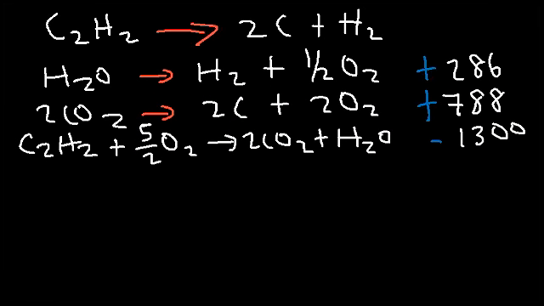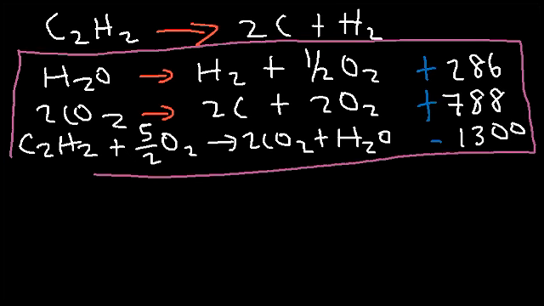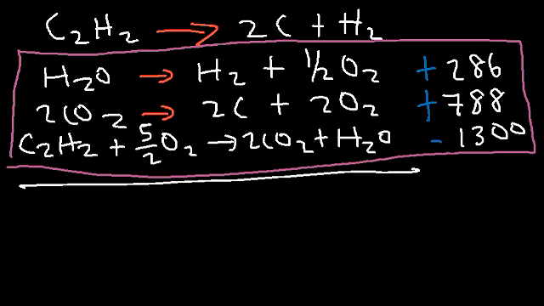So now let's add these 3 reactions. So first, let's see what we can cancel. We can cancel water, and we can cancel CO2, and we can cancel the oxygens.